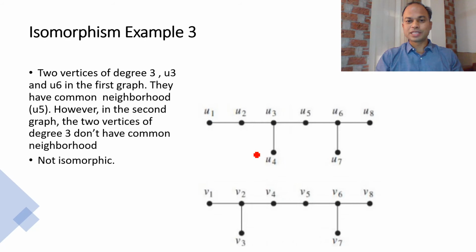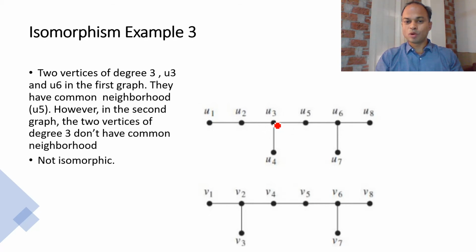Similarly, one more example is given. Are these two graphs isomorphic or not? The answer is no, these two graphs are not isomorphic. When we talk about u3 and u6, and here v2 and v6, between u3 and u6 there is only one vertex.